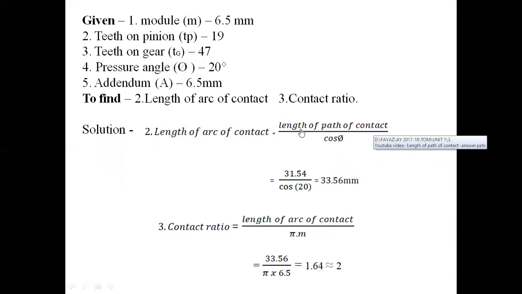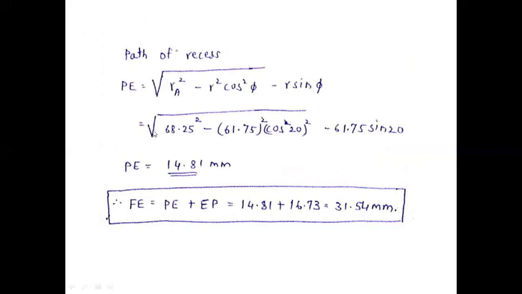So the length of path of contact, in the previous lecture we have already found out. The length of path of contact is the summation of path of approach plus path of recess. The value of FE is 13.54.